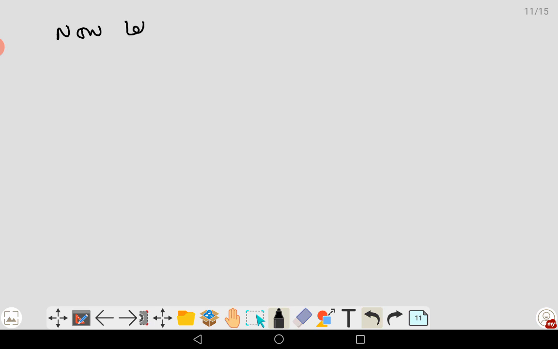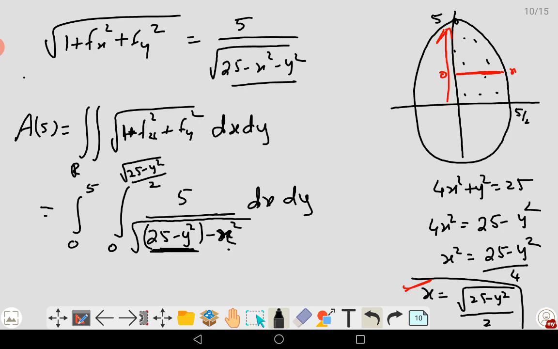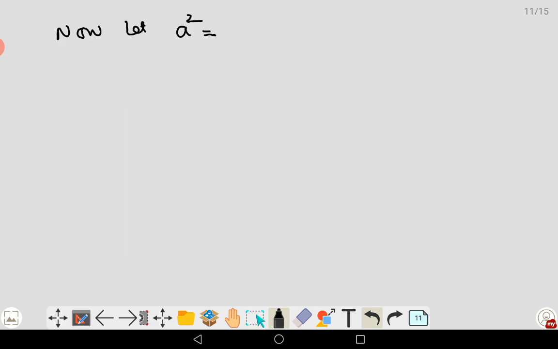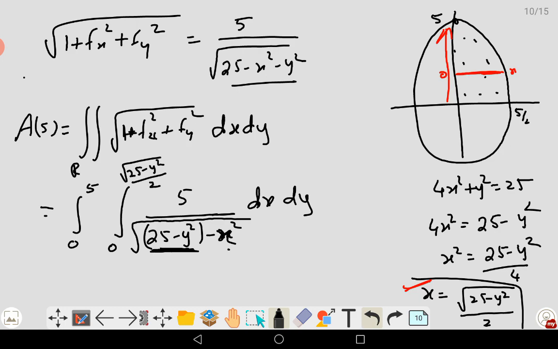Now let a square be equal to what? This term is a square, 25 minus y square. Okay, this is equation number 1, or any other; let it be 1. Now this equation becomes what?